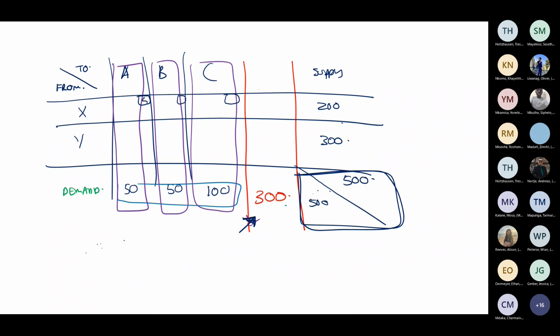There will be costs involved over here. So let's just put in some random values: 5, 4, 3, 2, 4, 1. So we have costs connected to transporting from X to A and from Y to A and so on. Remember, your objective function is taking this 5, multiplying by this x11, taking this 4, multiplying by this x12, taking this 3 and multiplying by the x13, and adding them all together.